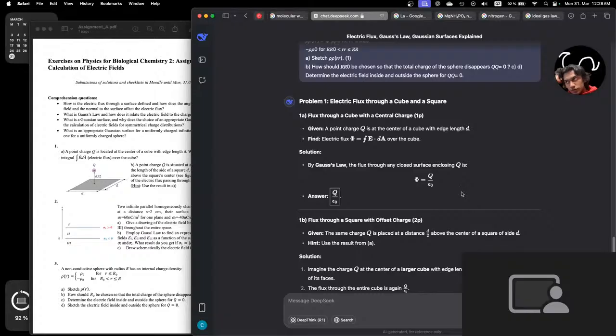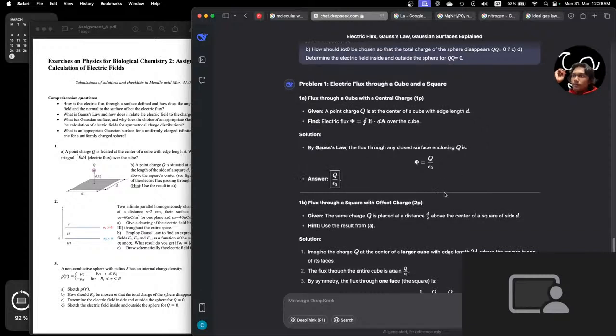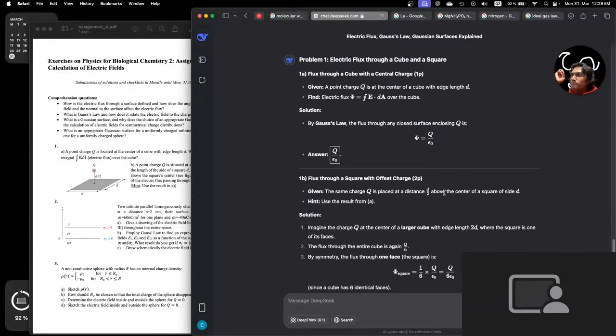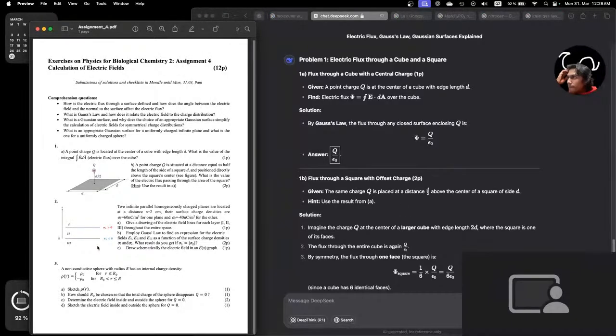The flux through any closed surface Q. Oh, it said descent.